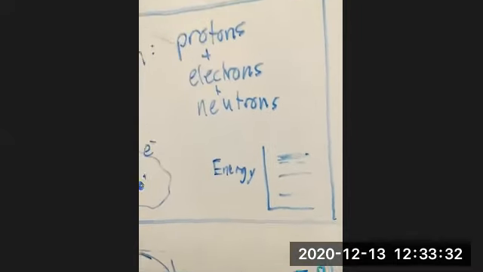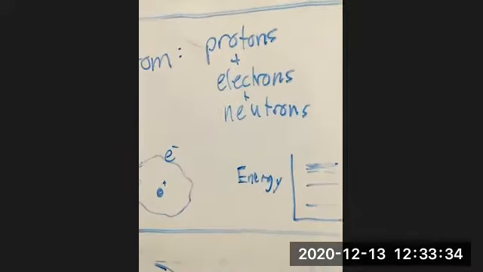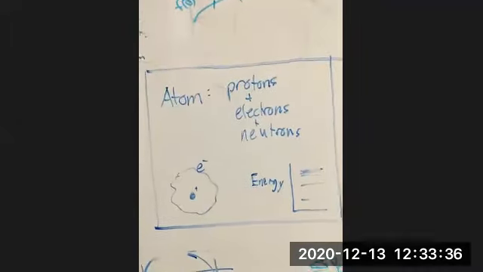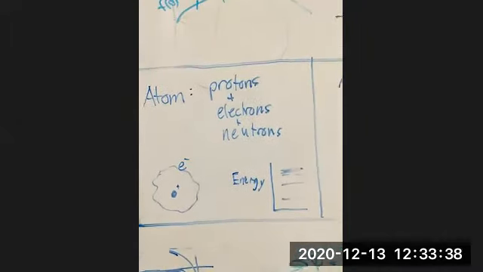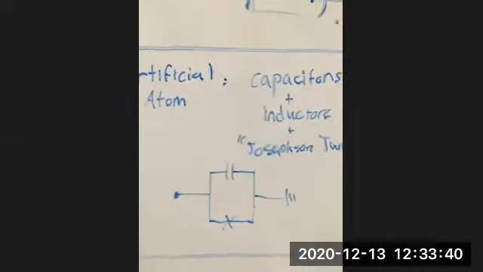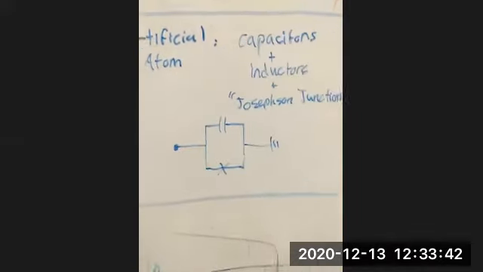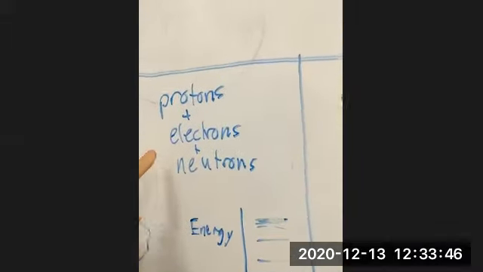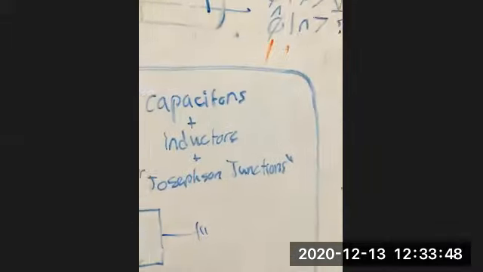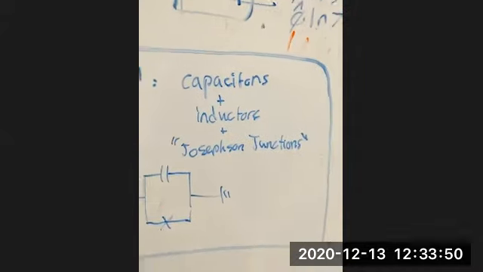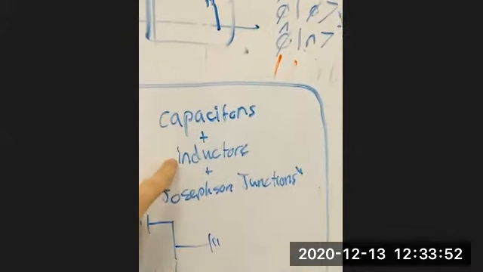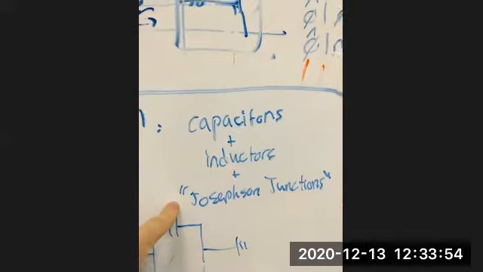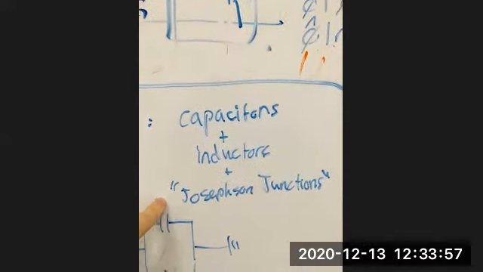And okay, great. So you could have atoms and you could probe them in physics laboratories, and that's more for other fields. What we like to do is actually create artificial atoms in our laboratory. What I mean by an artificial atom is, instead of protons, electrons, and neutrons, we're going to make circuits out of superconducting metal that are comprised of capacitors, inductors, and a fancy element that's sort of like an inductor called a Josephson junction.